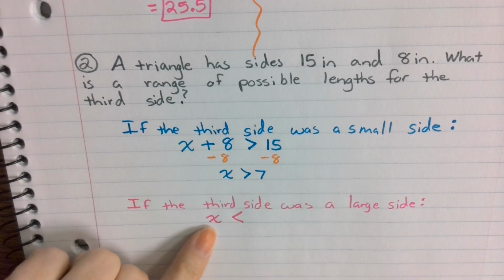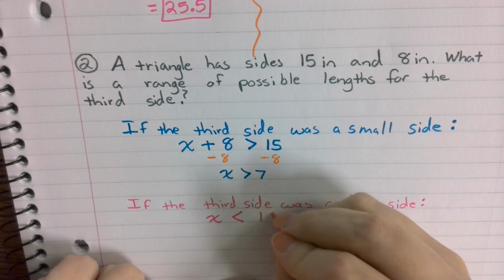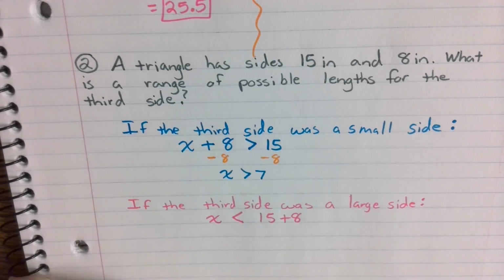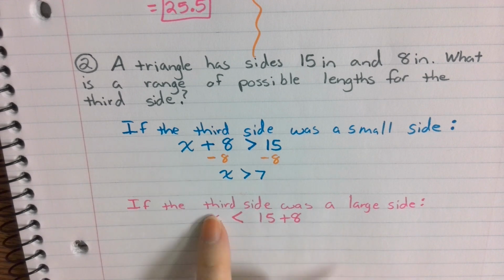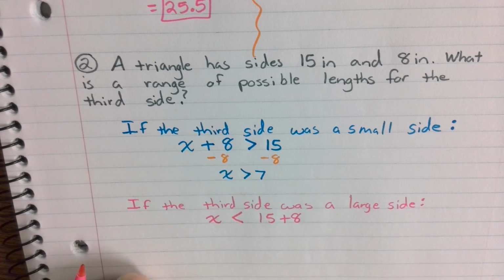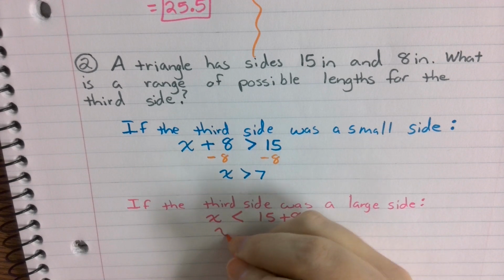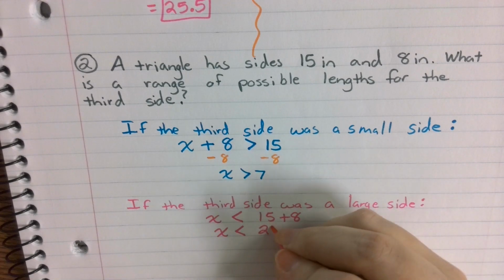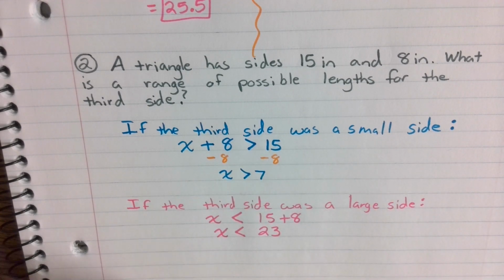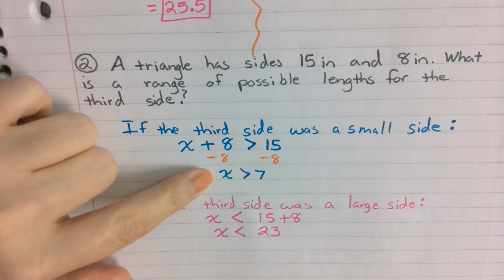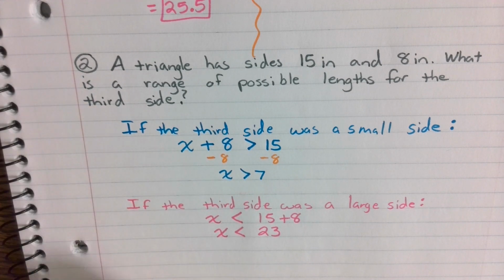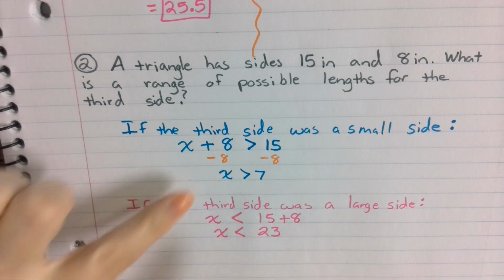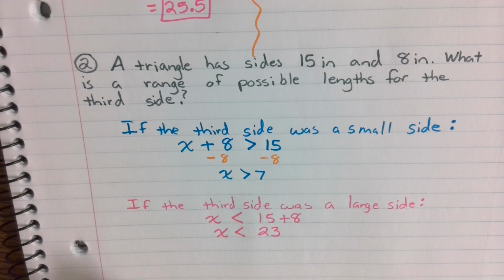The third side has to be smaller than the 15 plus the 8, because that sum has to be bigger than the x. Well, what's 15 plus 8? That's not rhetorical. What's 15 plus 8? 23. There you go. Okay, so I know that x has to be greater than 7, but it also has to be less than 23. Can't be equal to those values. So any number between 7 and 23 will work.